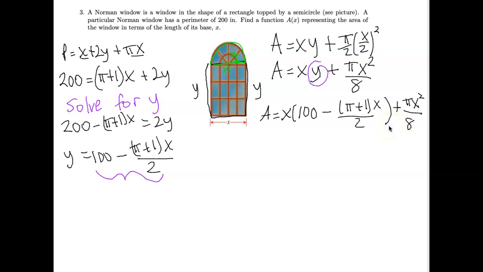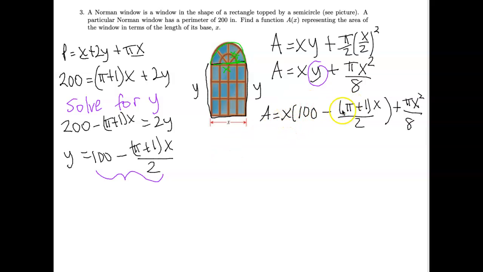So this is a lot of formula manipulation, but the goal is you play with what you have. We know that the perimeter is 200. We had to state what this height was. Similarly, we use that information to find the area, and then we go back and look at the problem and see how they want us to express it. So all that's left to do is simplify our area function.